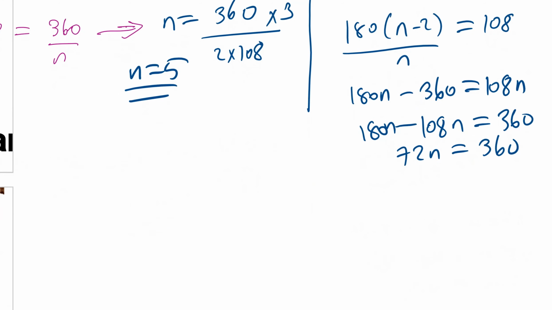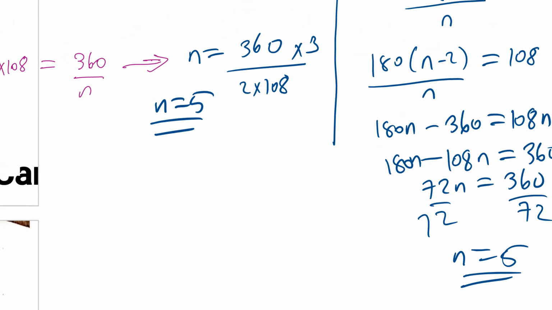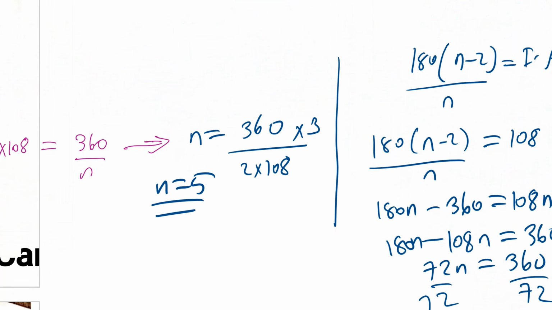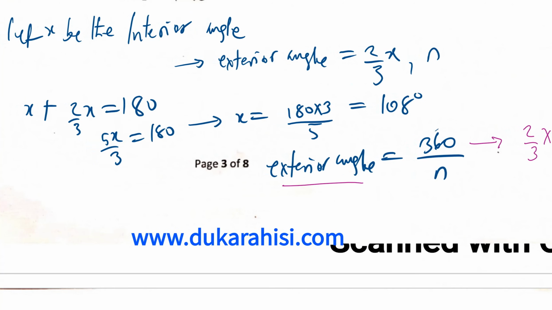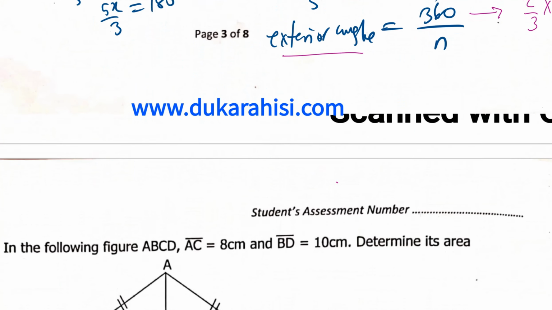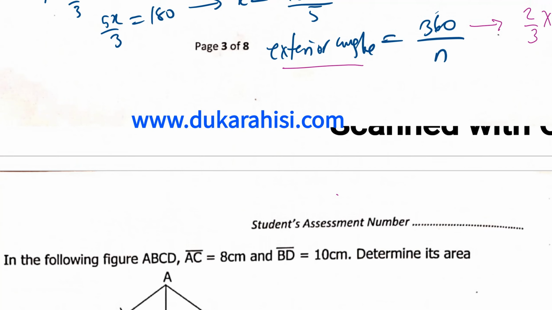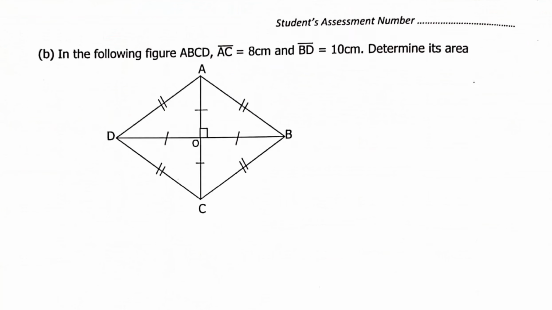When you divide by 72, you get n equals 5. So you can use either the interior angle method or the exterior angle method. The number of sides of the given polygon is 5, and that is a pentagon.